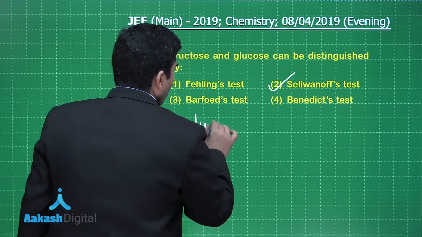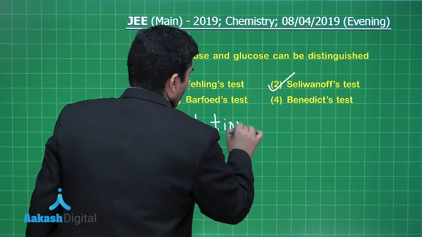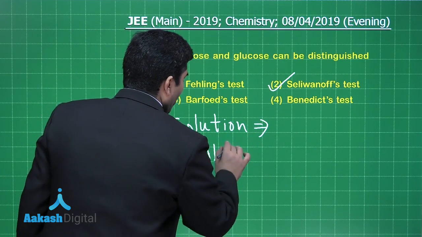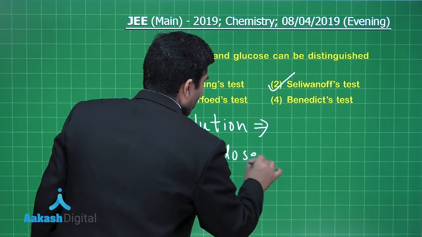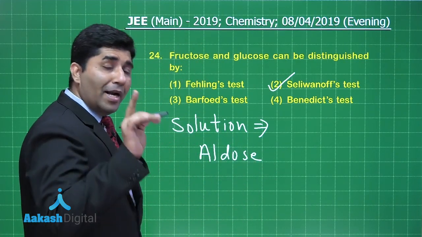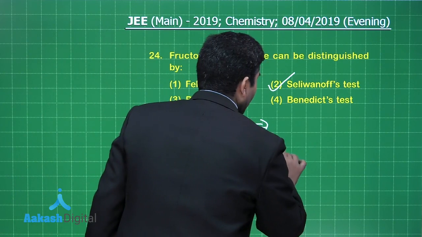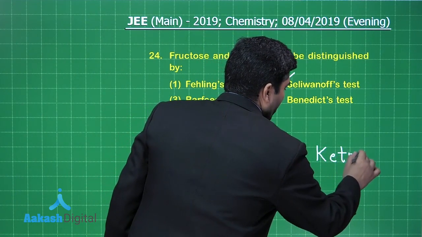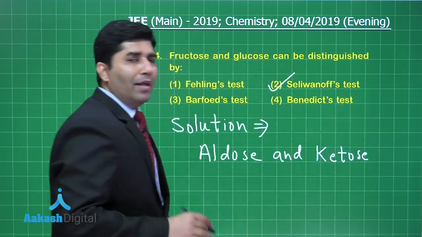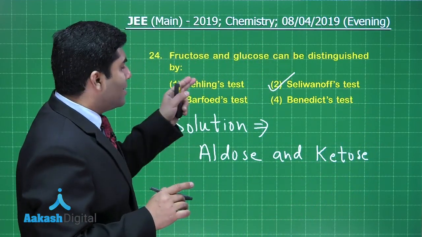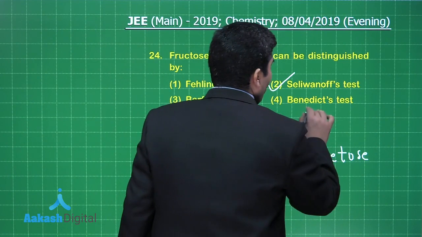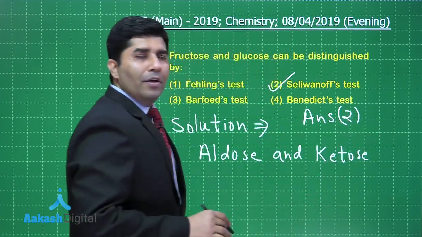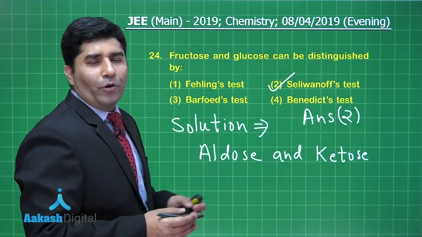So to distinguish between aldoses, the carbohydrates having the aldehydic group, and ketoses, the carbohydrates having the ketonic group, this test is used. So our answer will be option number 2, right? Let's move on to the next question.